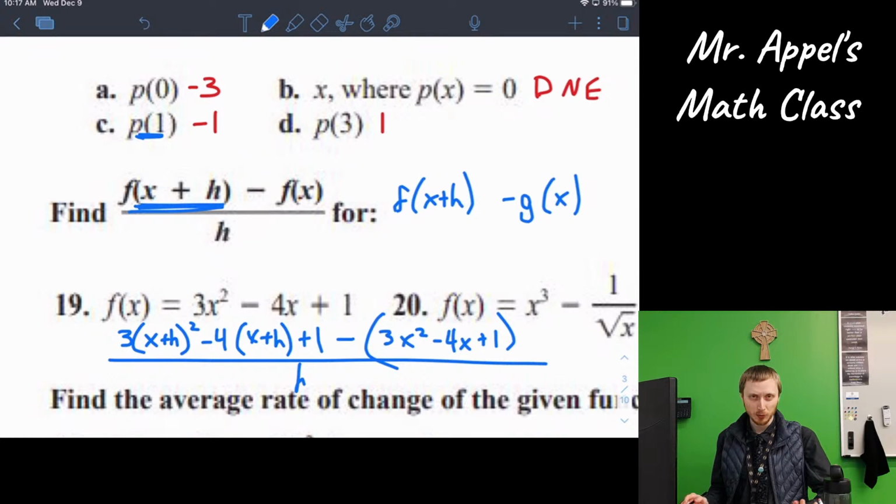Okay. Are you comfortable with that setup? No, you're not comfortable with it. Okay, what's making you uncomfortable about it?